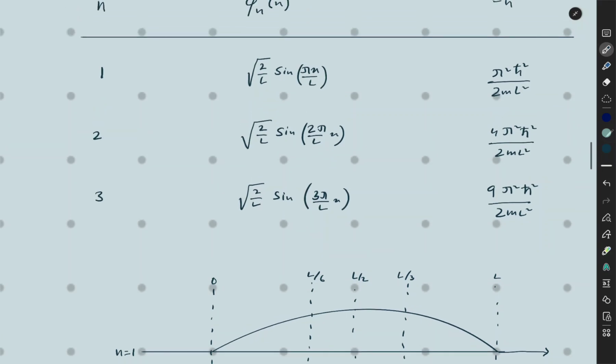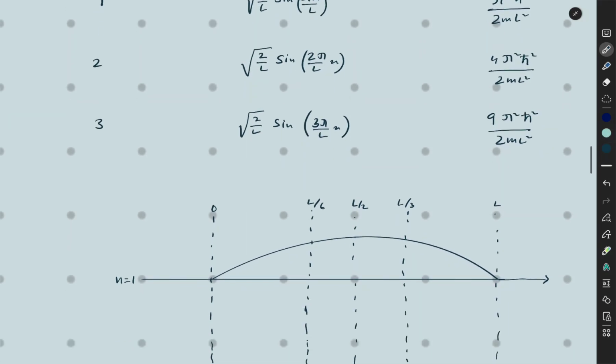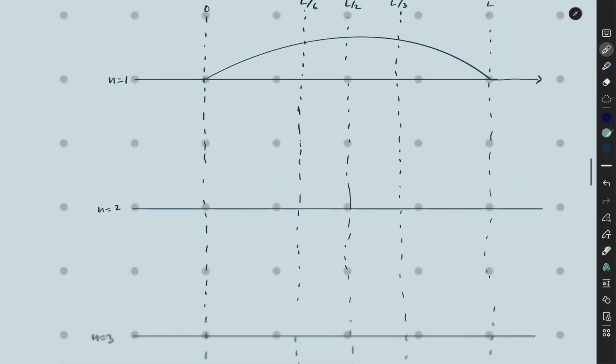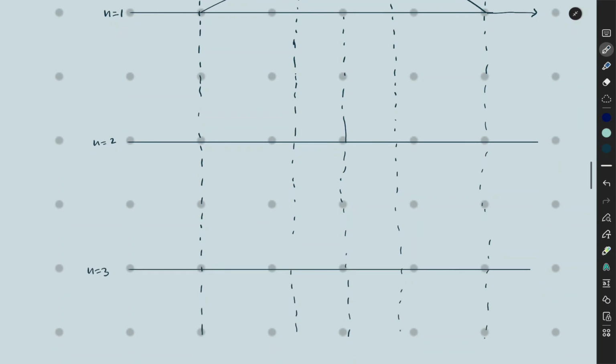In the second one, first of all at x equal to 0 it becomes 0, and also at L by 2 it becomes 0 because then it will be sin pi, and sin pi is 0. And at x equal to L it becomes sin 2 pi, it is also 0. So we are getting zeros at x equal to 0, x equal to L by 2 and x equal to L.